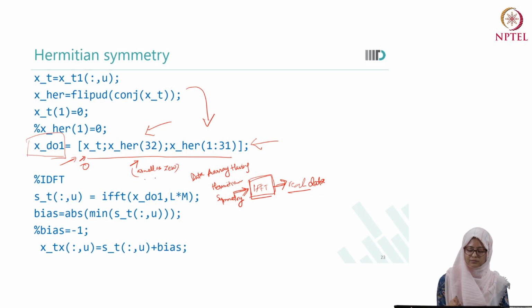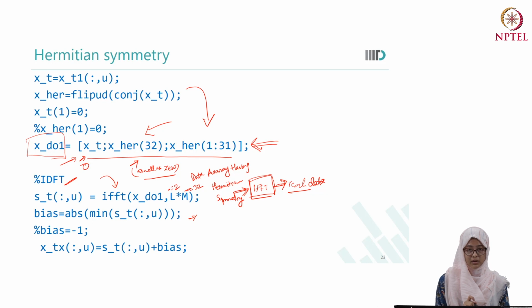So that is how we place it in this form to get Hermitian symmetry. After that, obviously this IDFT is being done with IFFT because it is much faster. This M is equal to 32 because we are using a 32-point IFFT. That's why L will be equal to 2, because in our optical OFDM we are considering 64 subcarriers. Generally it is being taken.